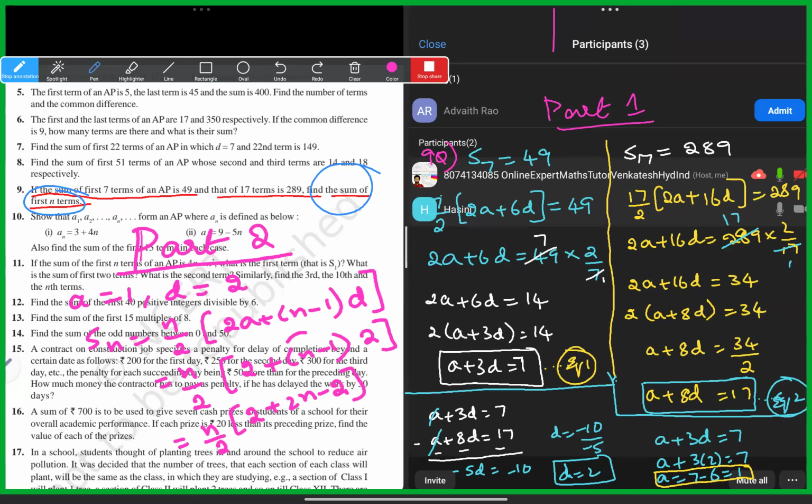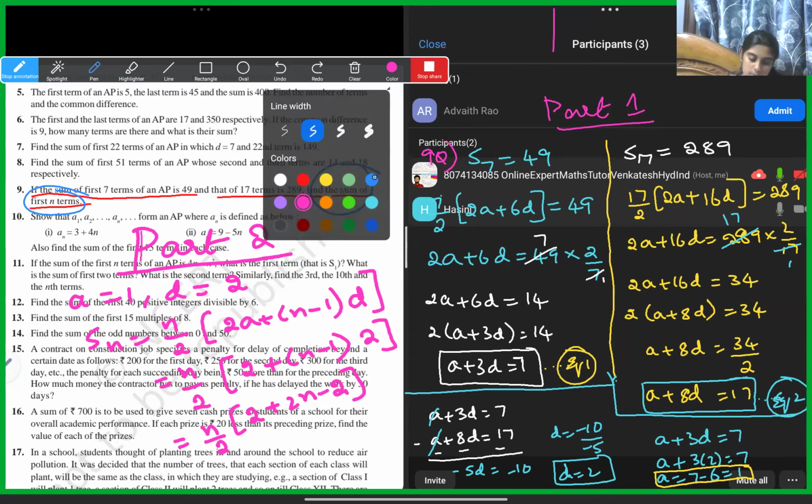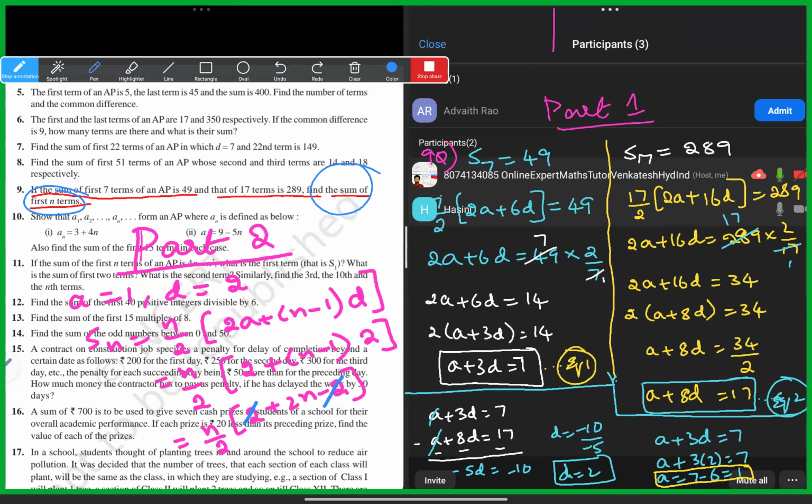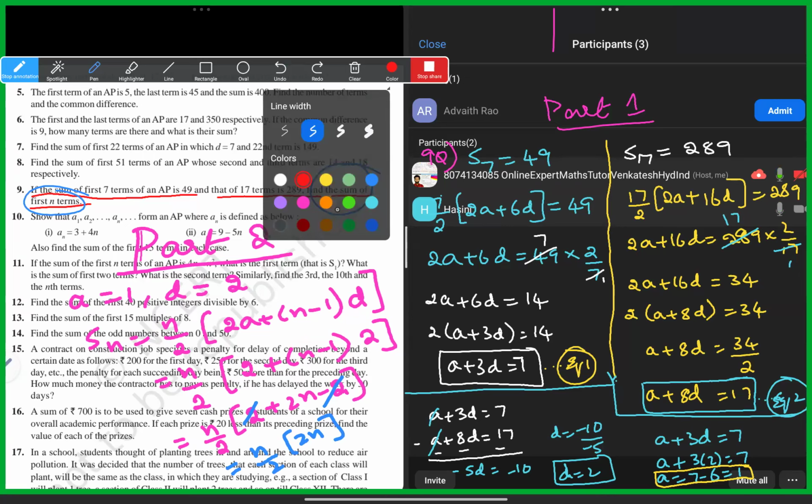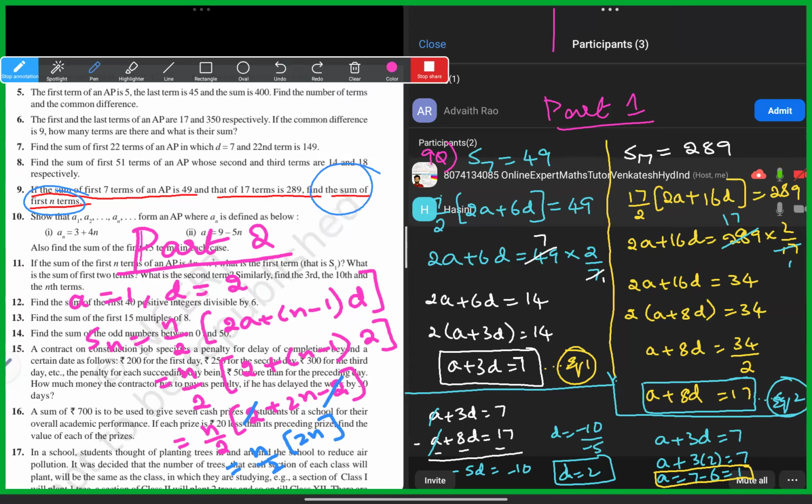Now 2 and minus 2 cut, so we get n by 2 into 2n. Again the 2 gets cut, so we get n into n, n squared.